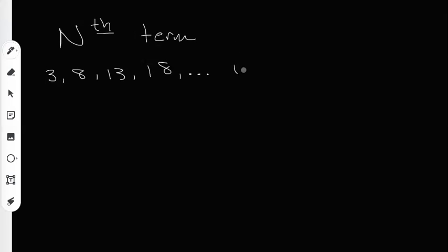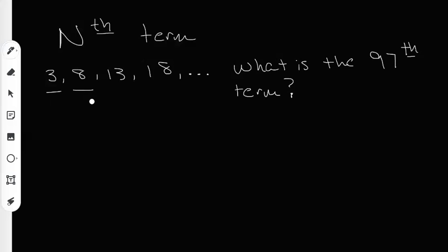And I ask you, what is the 97th term of this sequence? Because I know what the first term is. It's 3, right? I know what the second term is. That's going to be 8, right? But if I keep this pattern going by adding 5 each time, what's going to be the 97th term? Is there a quick way we can figure it out? And the answer is yes, there is a quick way to figure this out.